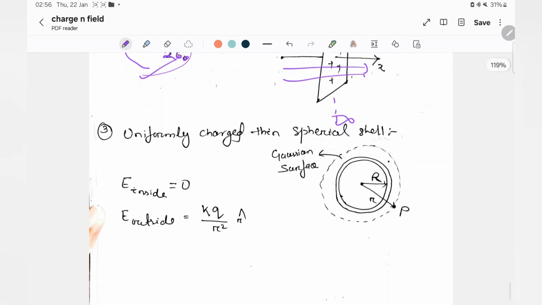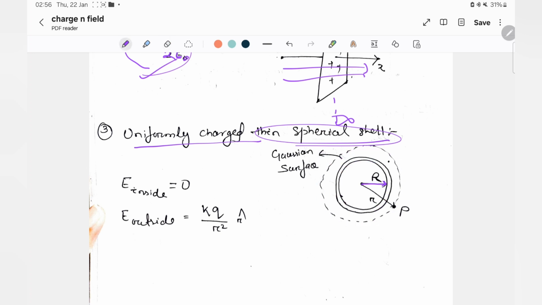Now the uniformly charged thin spherical shell. In case of a thin spherical shell, we have a Gaussian surface like this, above it.